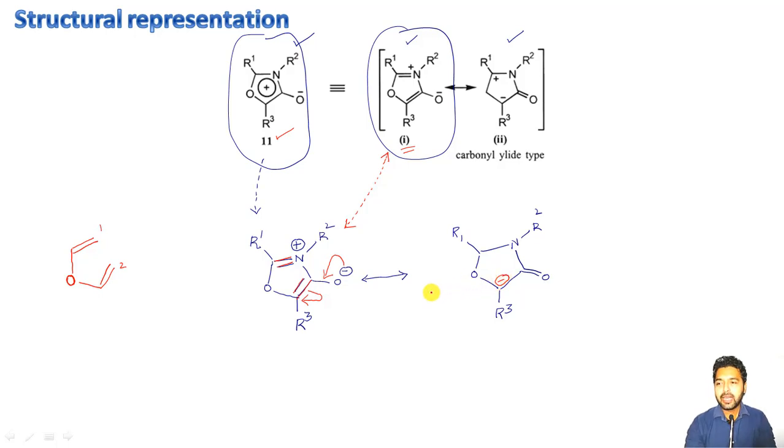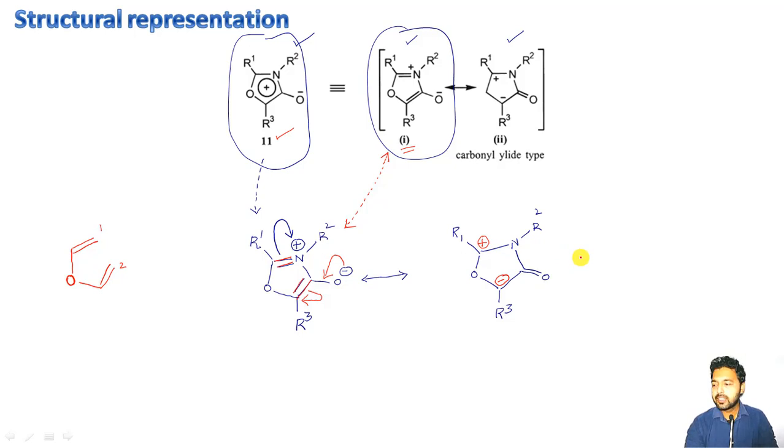Okay, and moreover, I can also add another electronic movement like this. These two pi electrons move to the nitrogen atom, so what will happen? This positive charge will disappear on this nitrogen atom, and instead a positive charge will now appear on this carbon atom adjacent to this nitrogen atom, right?